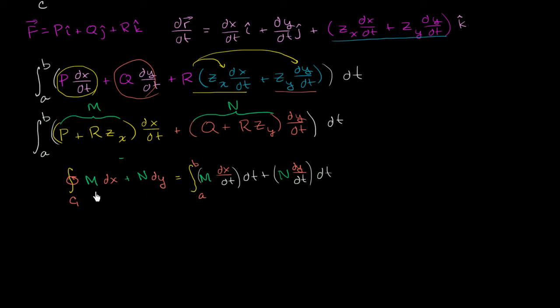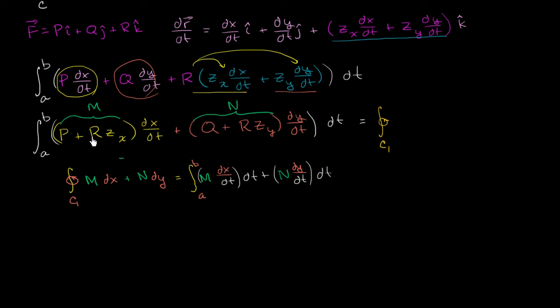We can rewrite it like this and kind of deparameterize it. So this thing is going to be equal to the line integral over C1. We are in the xy plane. We started with the curve C, but now we're going to go to C1. These are only functions of x's and y's. So now this is going to be the line integral over C1 of M dx, and that makes sense because if you multiply dt times dx dt, the dt's cancel out and you're just left with dx.